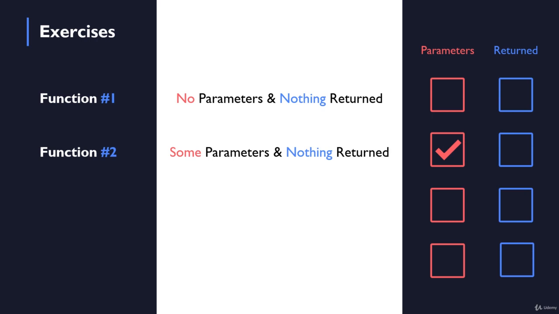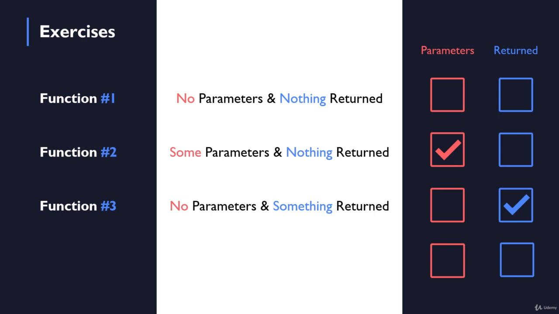And once we are done with function number 2, we are going to proceed to function number 3, where we are going to have no parameters at all, but we will expect to first of all receive something in return once we call this function. So we are going to write a function that gets nothing as a parameter but reads from the user 3 numbers which are going to be local only to this particular function, right?